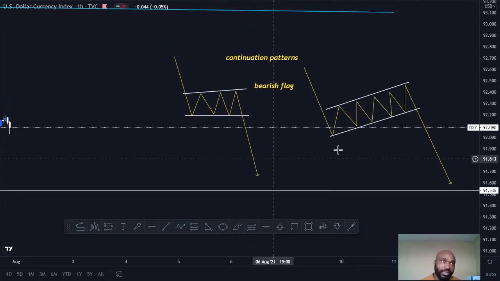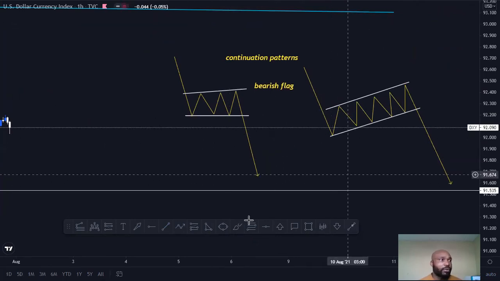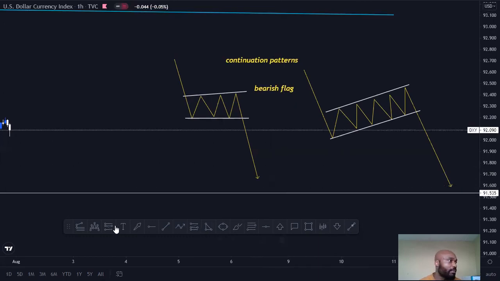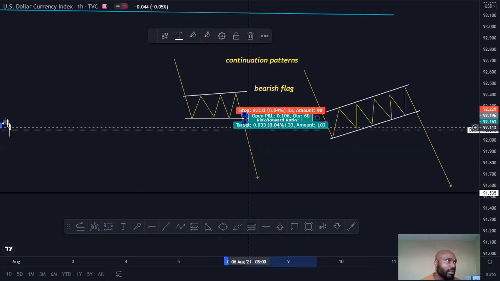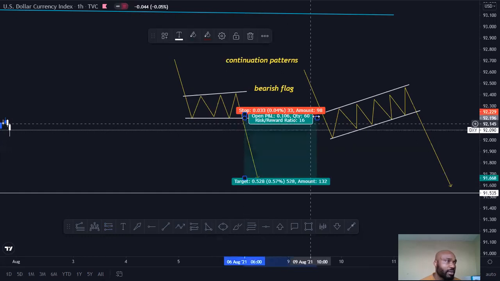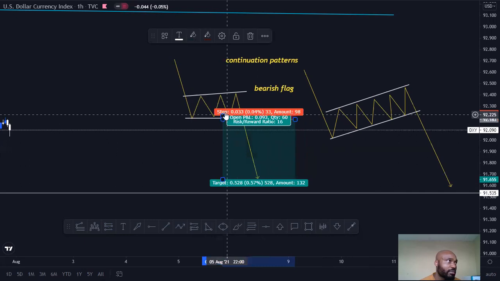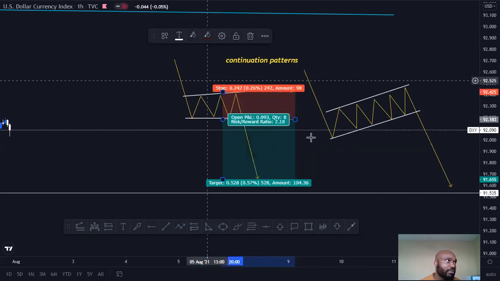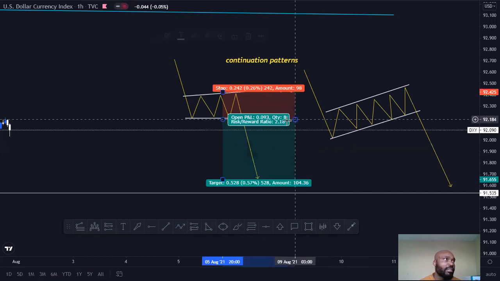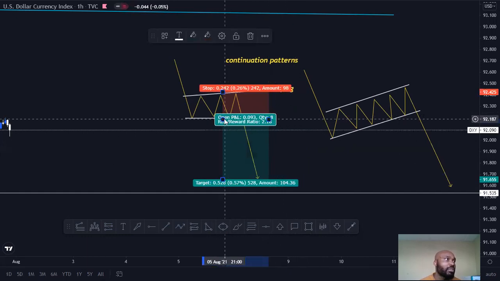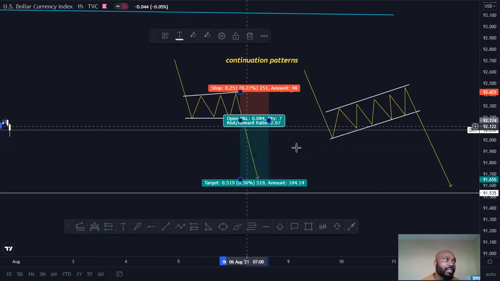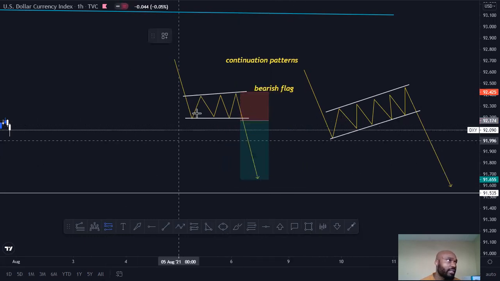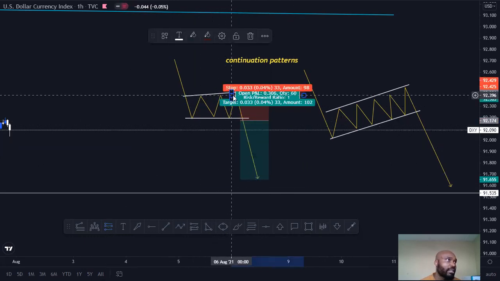The entries are all the same as well. So for conservative people that like to be more conservative when it comes to trading, that's your entry. Your TP is the height of the flagpole. Your stop loss is above structure. On this type of entry, the only disadvantage is your stop loss is too wide compared to if you took a risk entry right at the top of the structure.